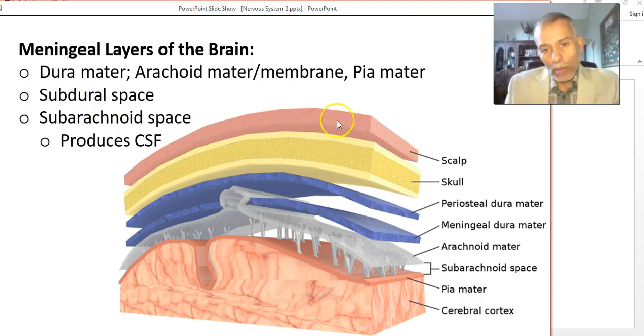So here you see the scalp. This is where your hair grows. Beneath the scalp, there's bone, and that is the bone that's part of your skull. And beneath the bone, you cannot have just brain tissue touching bone. That's dangerous.